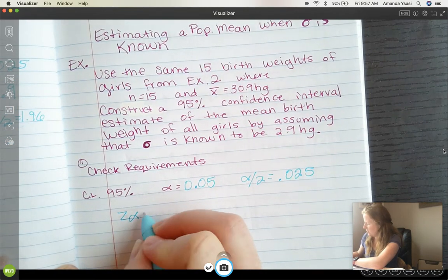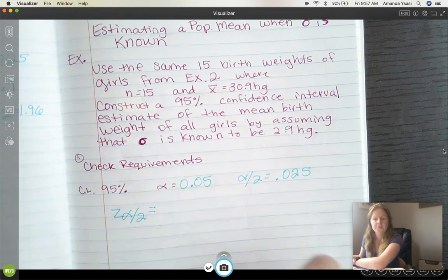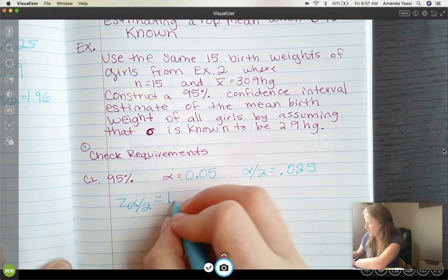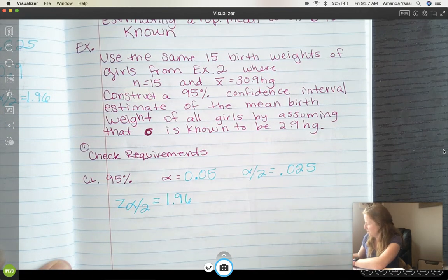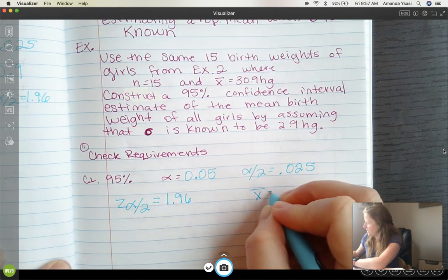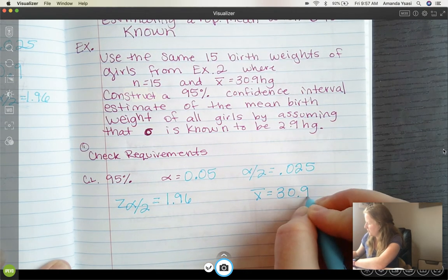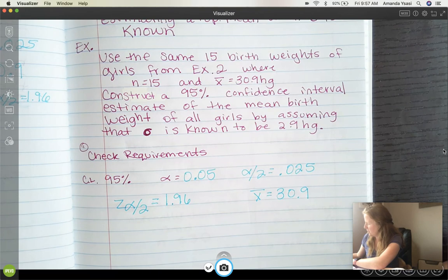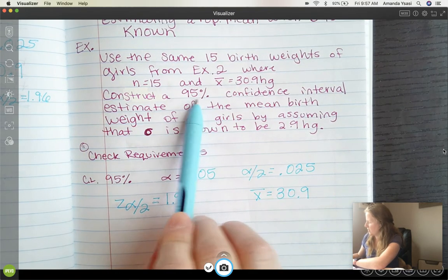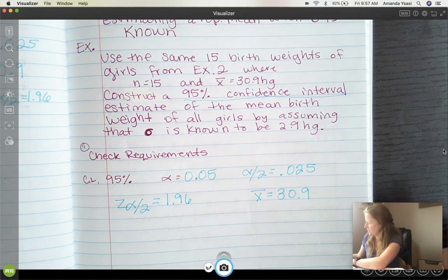Our z alpha over 2 is one of those critical values that we've written down several times, 1.96. Our sample mean from the data they've given us is 30.9. And we are going to construct the 95% confidence interval.